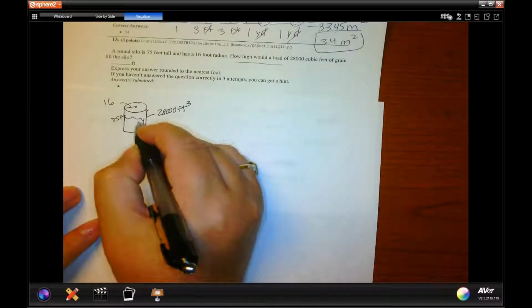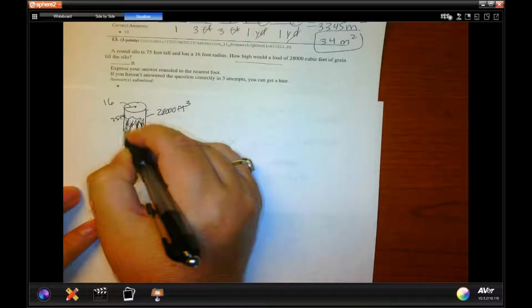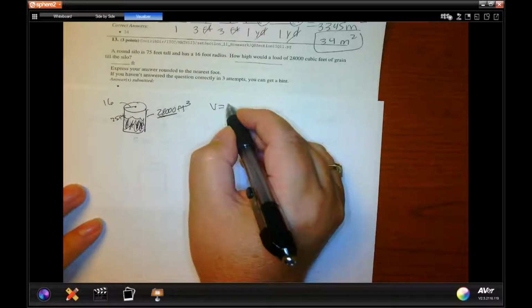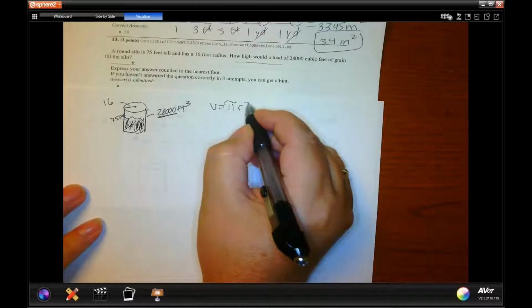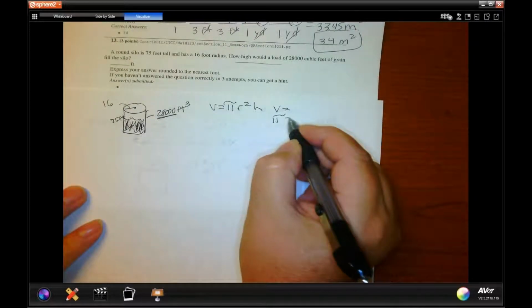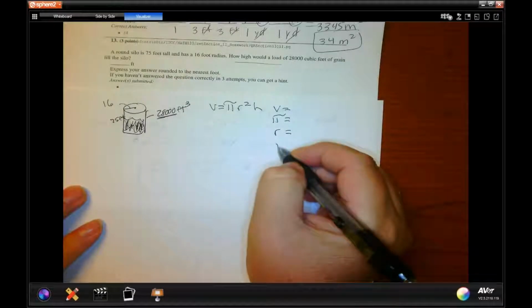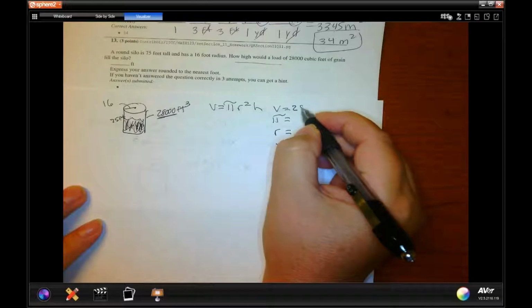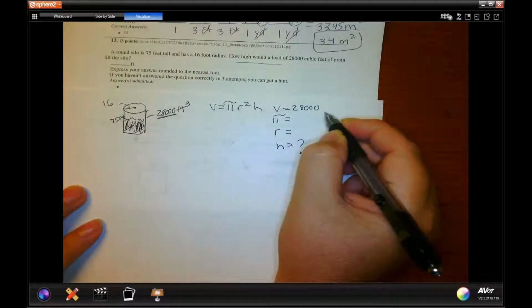So they're saying it's not all the way full. How full is it if it holds this much? We're using volume, pi r squared h. Always write what you've got. They're asking how high it is if the volume is 28,000.